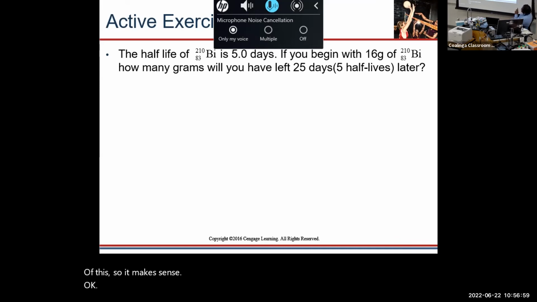The half-life of bismuth-210 is 5 days. So we have our equation, which is R equals S times 1/2 to the n.